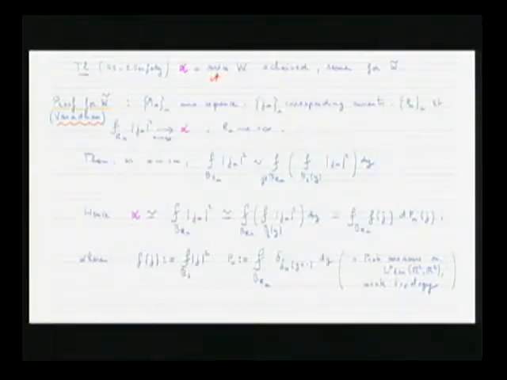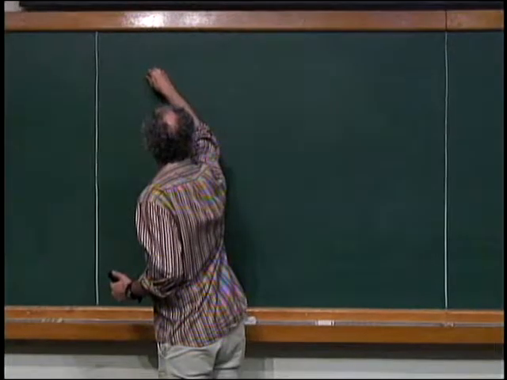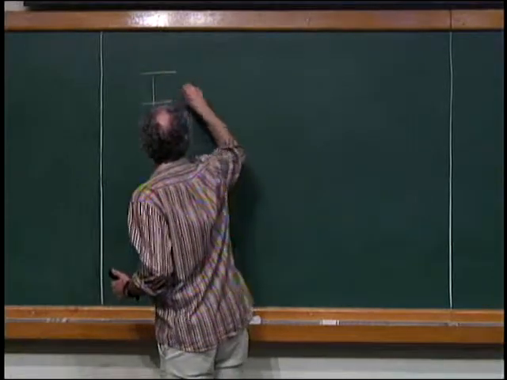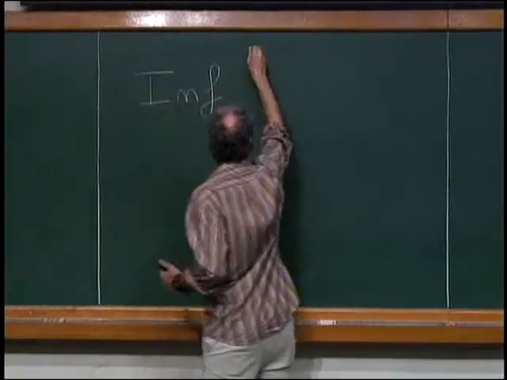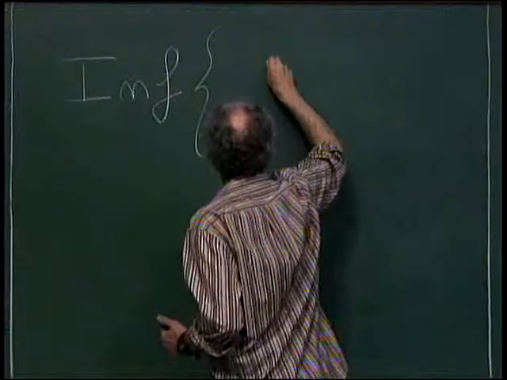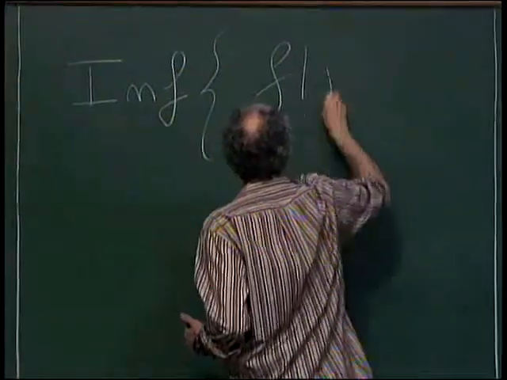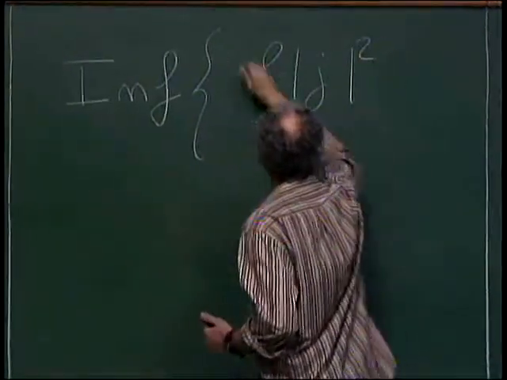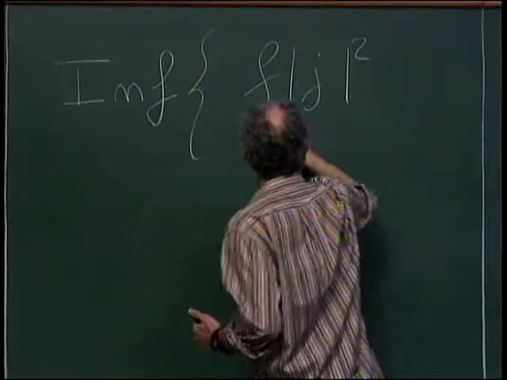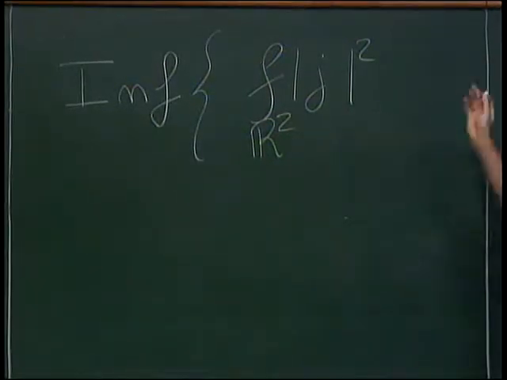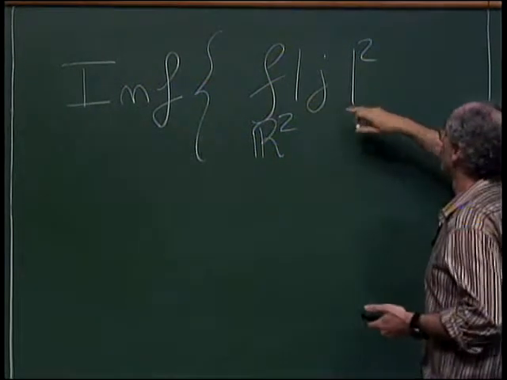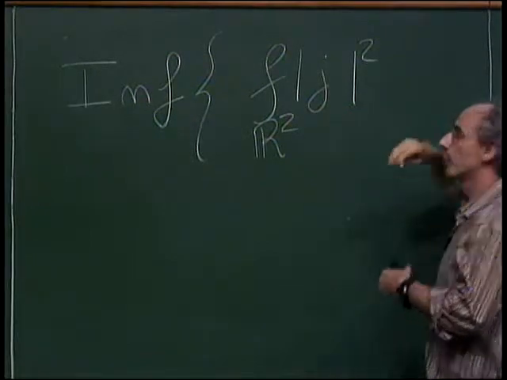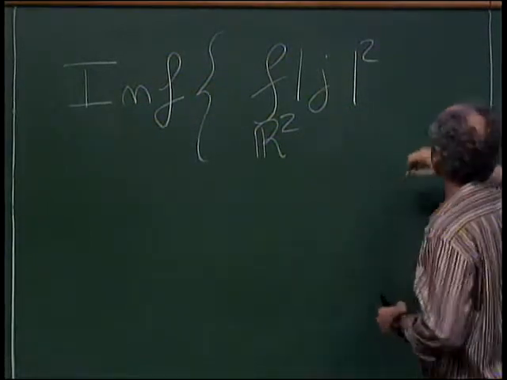It's the infimum of the, so I write it like this because I don't want to go into the details of this regularization and limit as r goes to infinity.